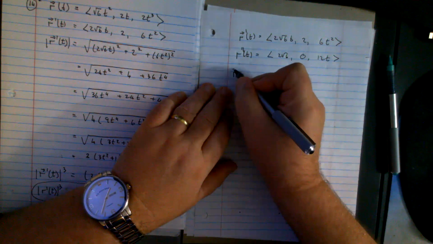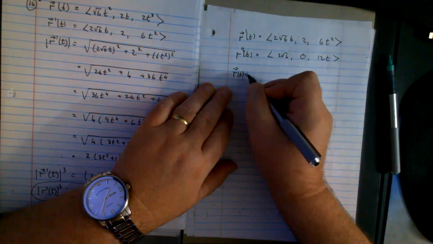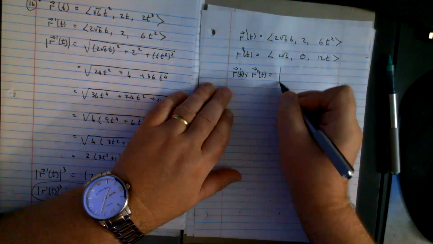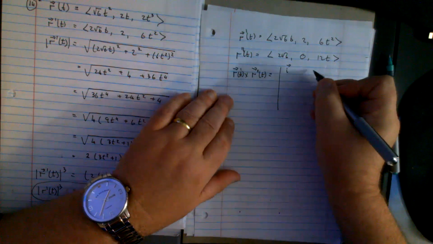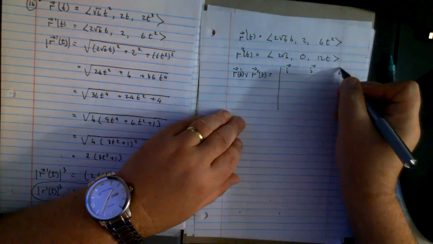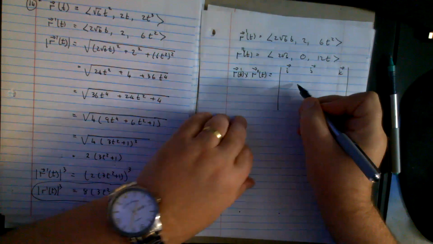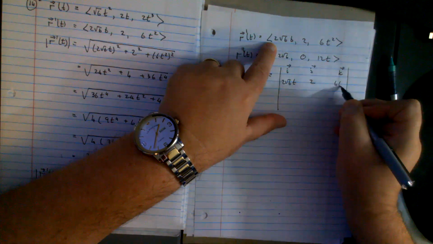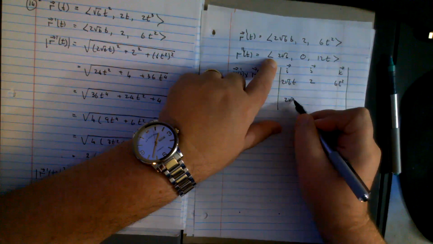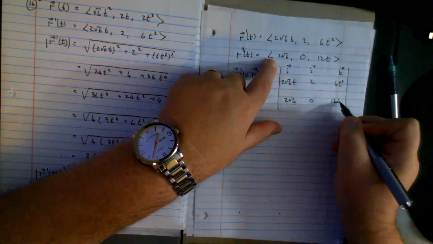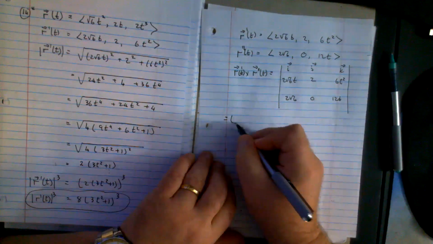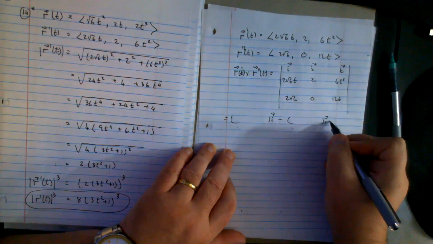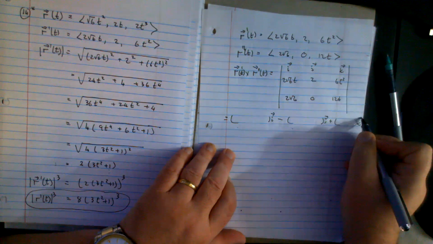We can now find the cross product of the first and the second derivative. It's going to be an i, a j, a k. And we're going to have 2 root 6, t, 6t squared, 2 root 6, 0, 12t. That's going to get us so many i's, take away so many j's, and so many k's.